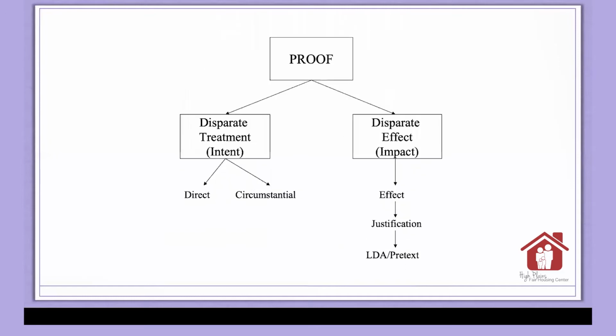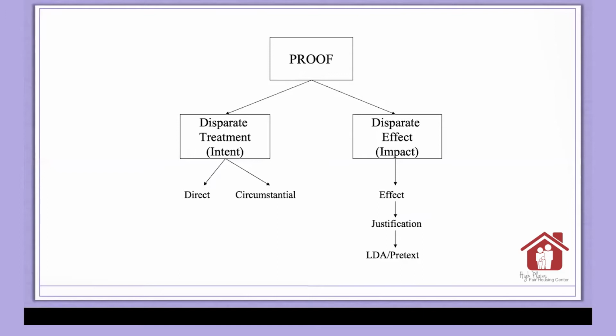Now let's get into 2 main ways of proving, with legal articulation of elements, proving that a violation has occurred. What would the prima facie case be based on? And the way to look at this would be going off in 2 main directions: disparate treatment and disparate effect, often referred to as disparate impact.